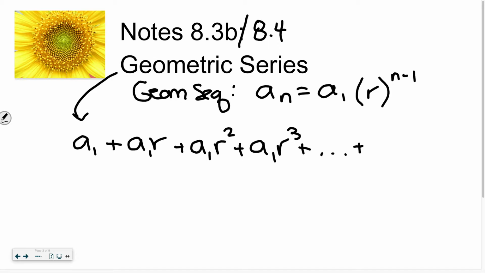In the fourth term, the exponent is 3. So what if I want the nth term? N minus 1, right? Take away 1, because it's always 1 less. This one is like r to the 0, which is 1. Okay. So I'm going to put this at the end. A sub 1 times r to the n minus 1.